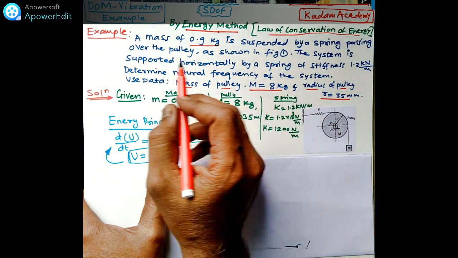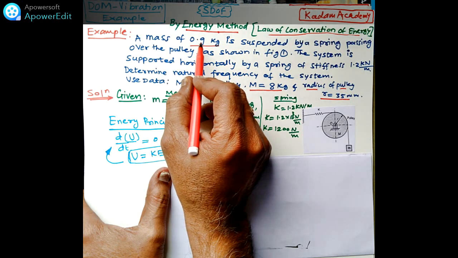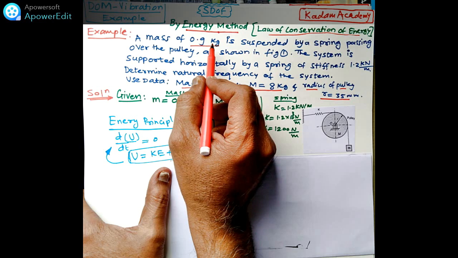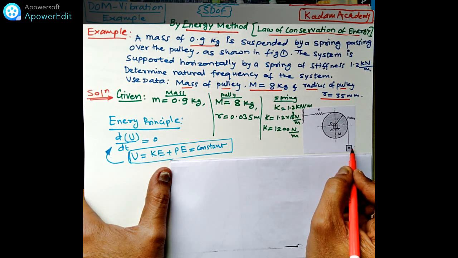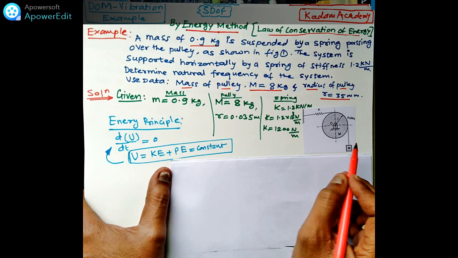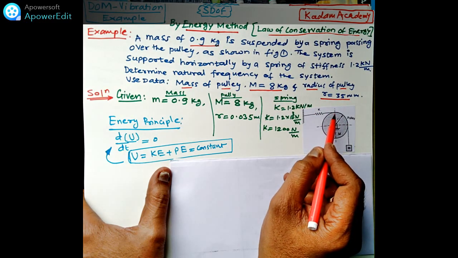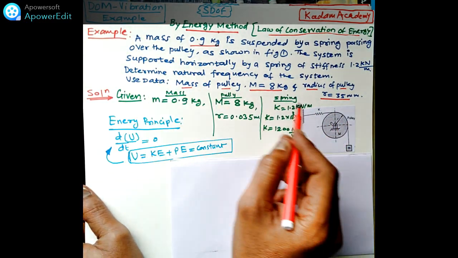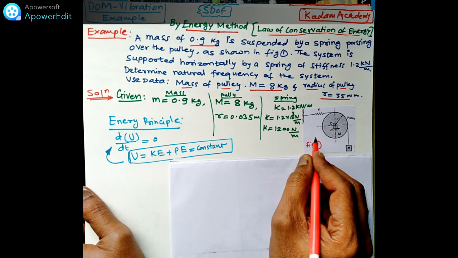So friends, in this example, the given data: a mass of 0.9 kg is suspended. This is the mass m here. It is suspended by a spring through this string over the pulley, as shown in figure 1.